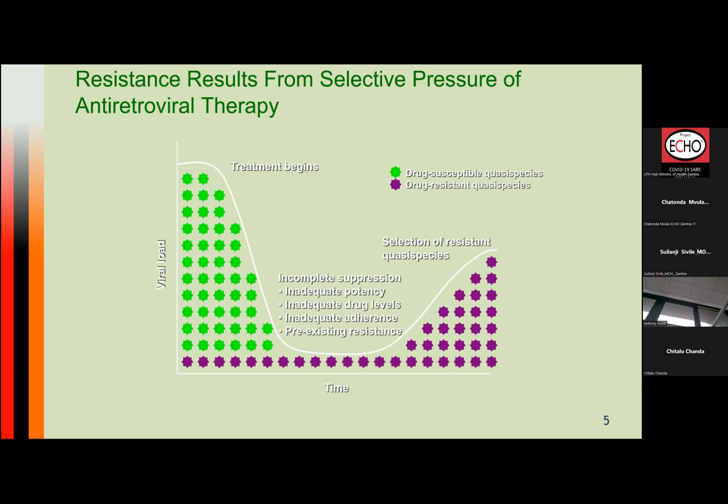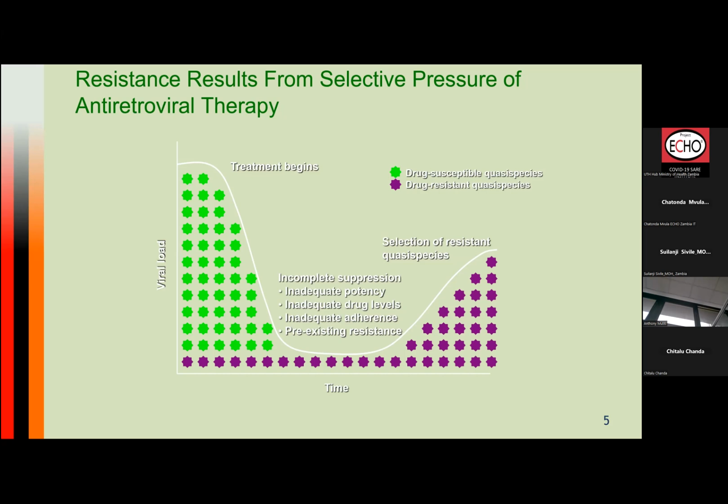So you can see that there is a green population, and there will be this brown or purple population of the virus that is inherently, before you start the treatment, resistant to the drug.